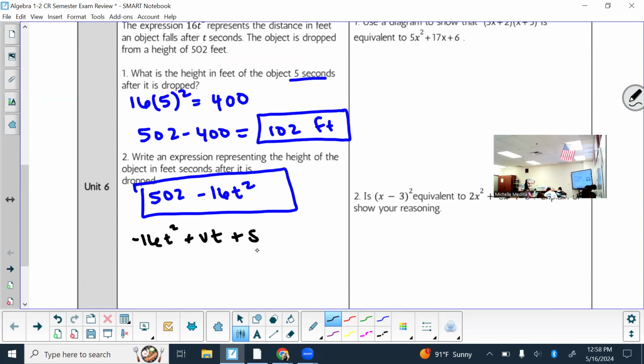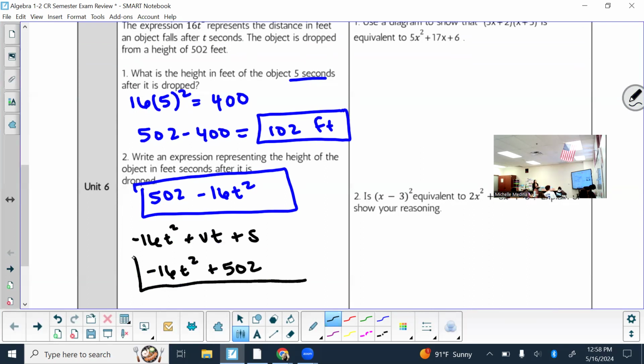It always follows that setup. So this part will be there because it is affected by gravity when you drop something. No velocity, they didn't say it was thrown at a rate of 8 feet per second or something like that. So no velocity term. Plus your starting height, which was 502.